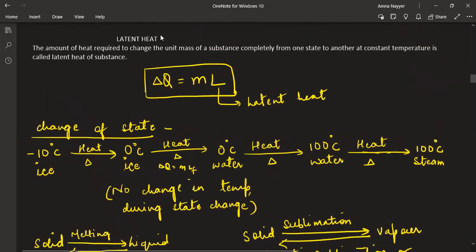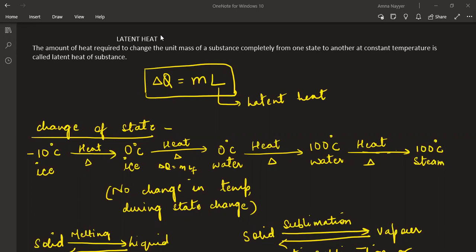This is one more important topic, latent heat. Basically it is the amount of heat that is used to change the state. You have states of matter, vapor, liquid, solid. So when the state changes, you will use latent heat. In a combined question, at one place you will have to use MC delta T and at another place you will have to use ML.